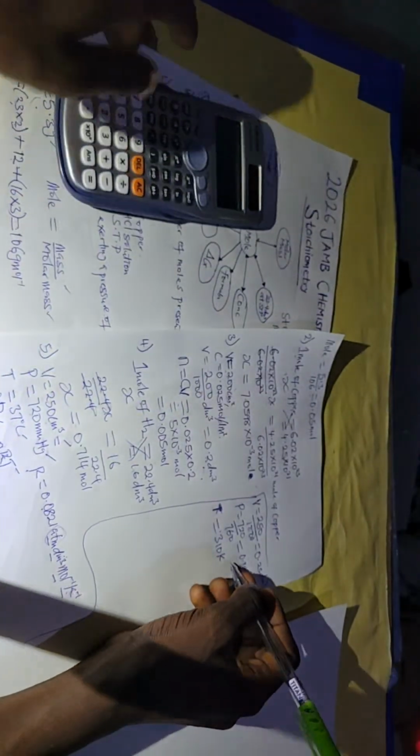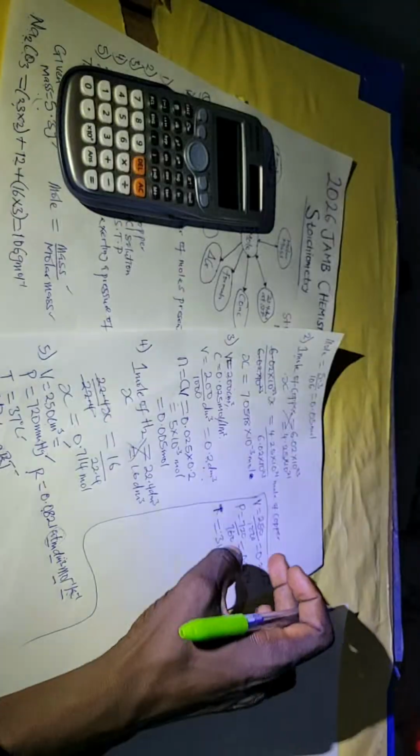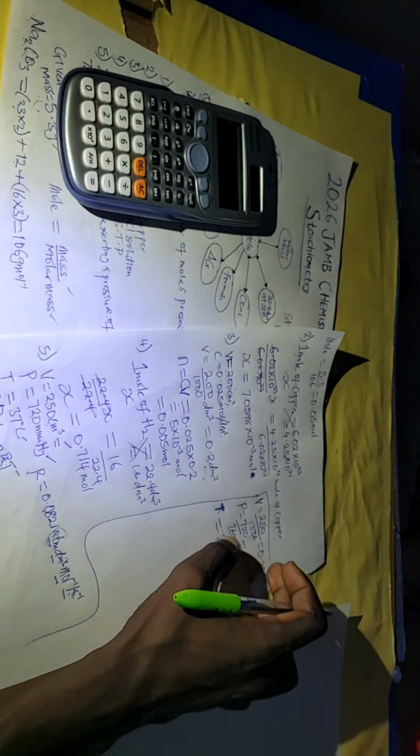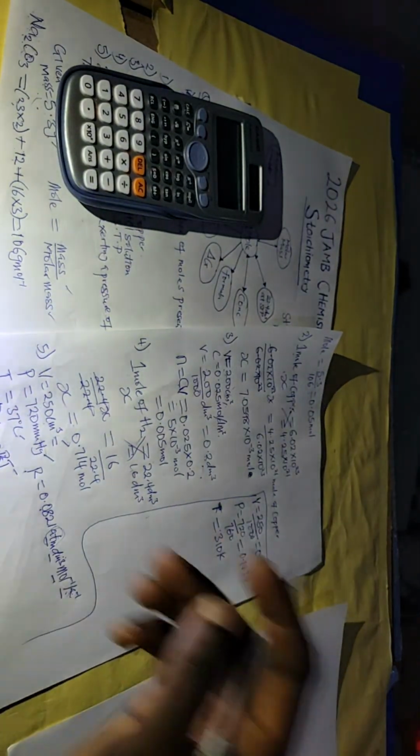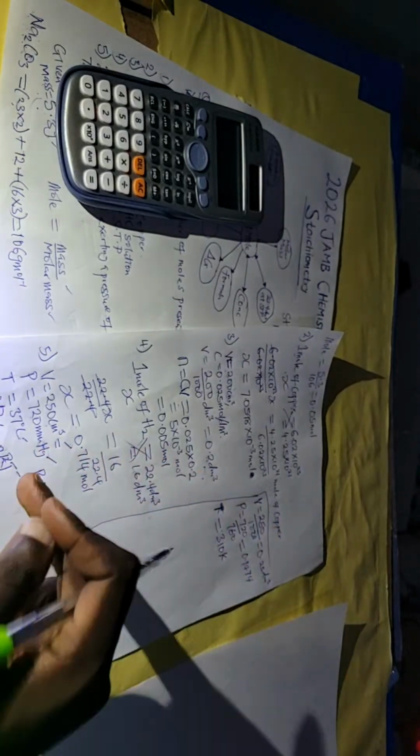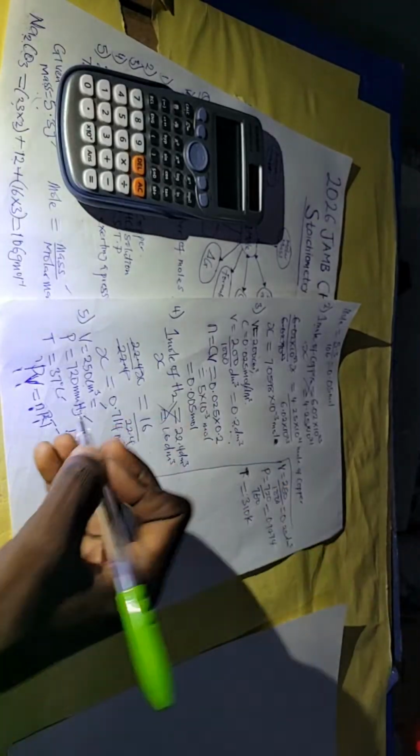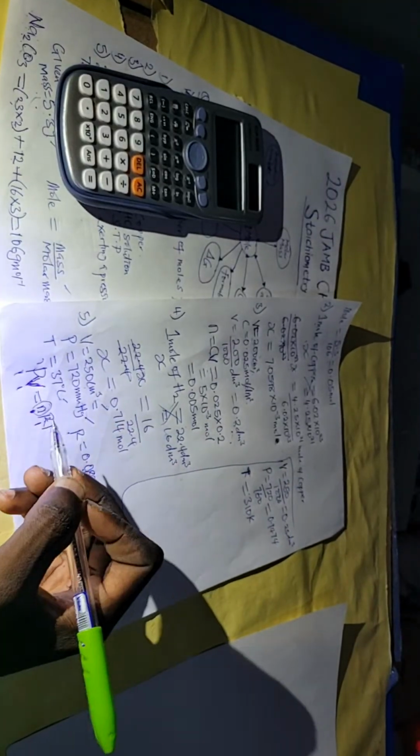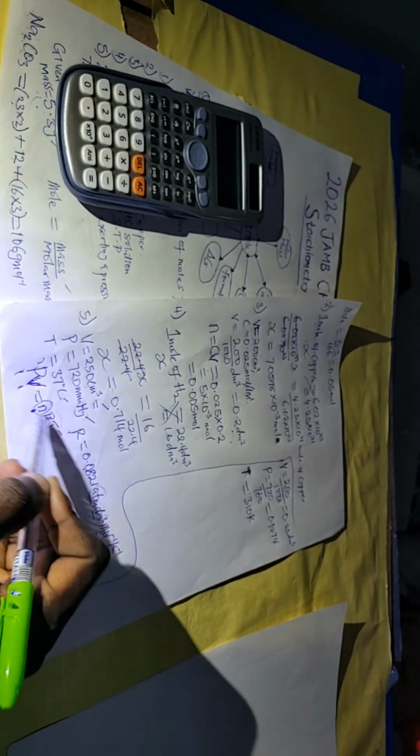All right. Now, since we have successfully converted our parameters, we can substitute them into the formula to get our number of moles. Making n the subject of the formula, I divide both sides by the coefficient, which is RT.